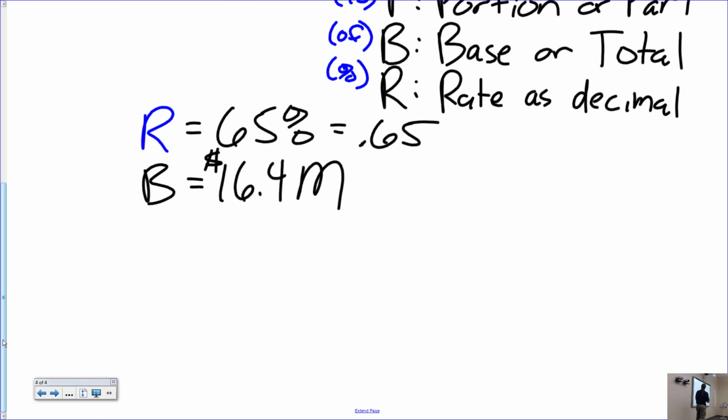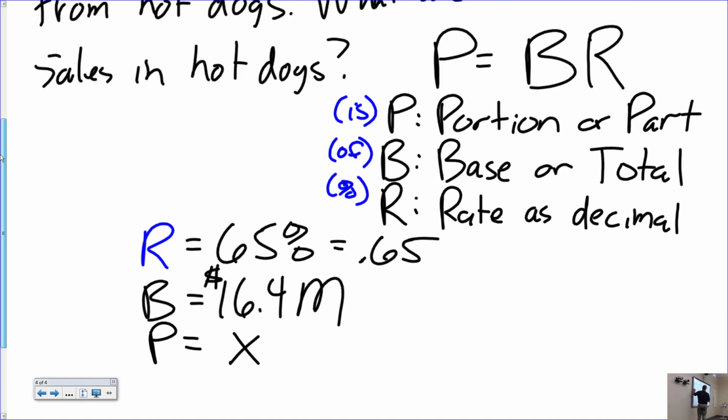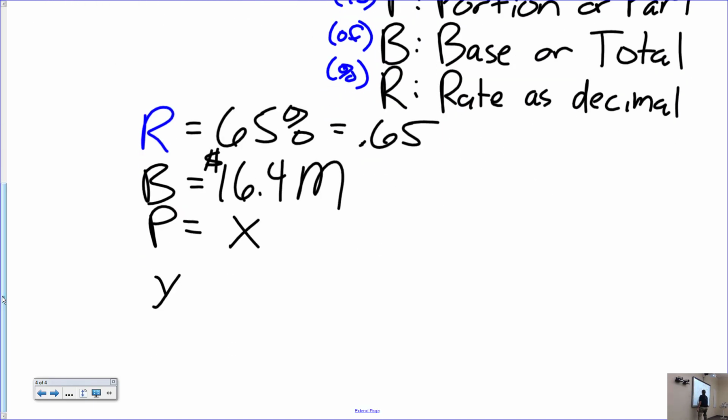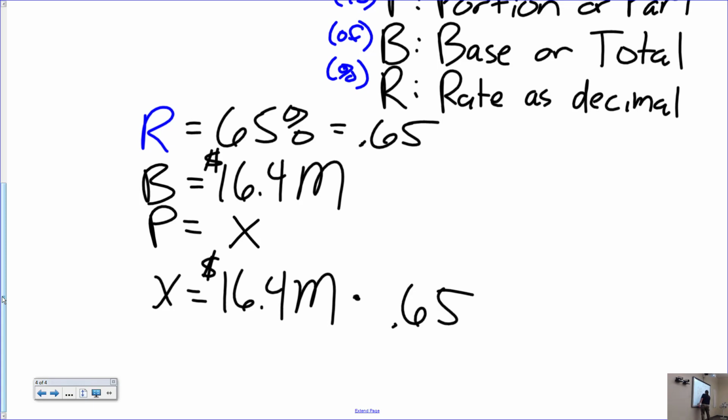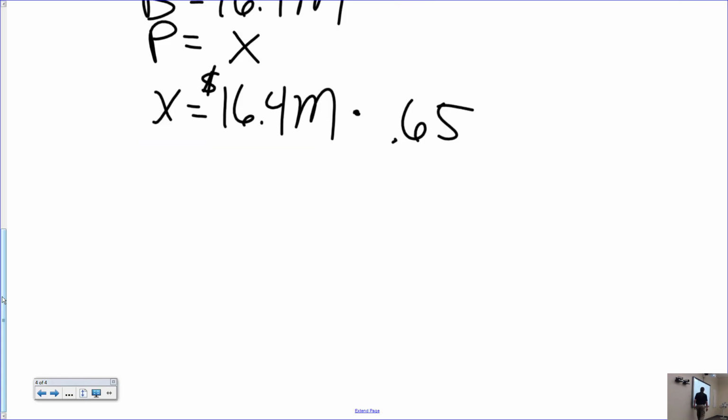And so in this case, I'm asking you for the portion. You don't know what it is, so it's X. And then you just throw those into the equation. P equals BR. X equals 16.4 million times 0.65. Now the question is, how are you going to do that multiplication?